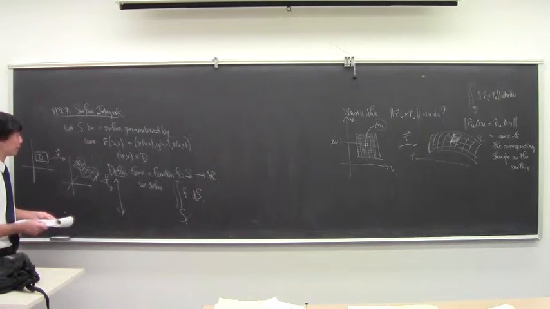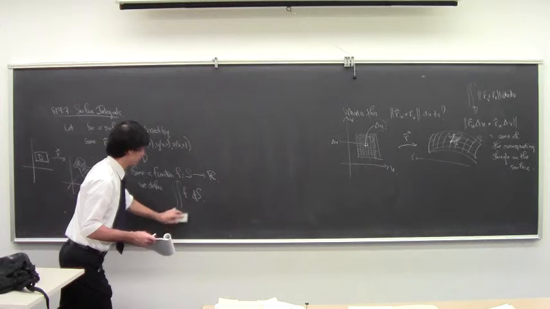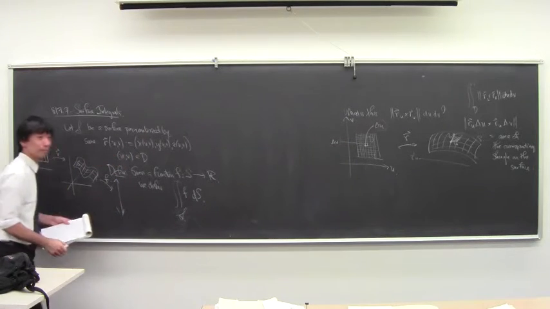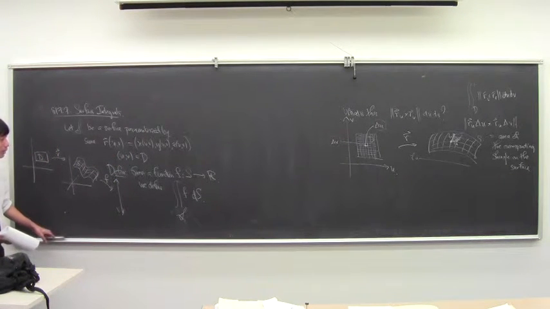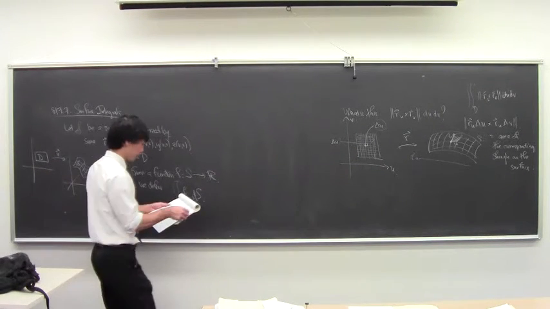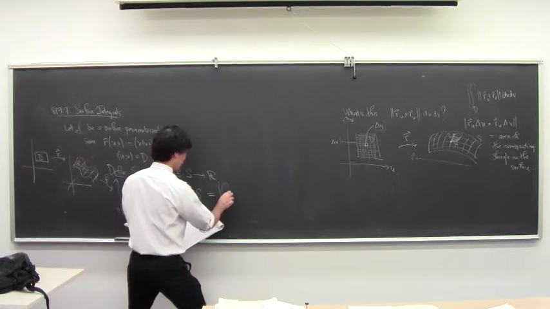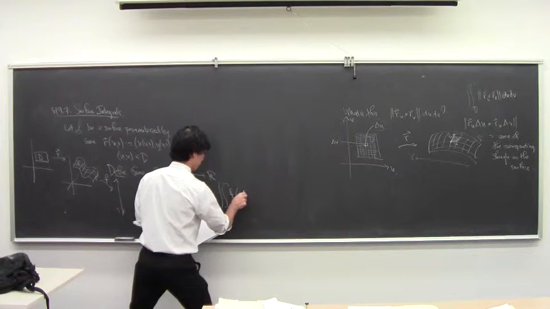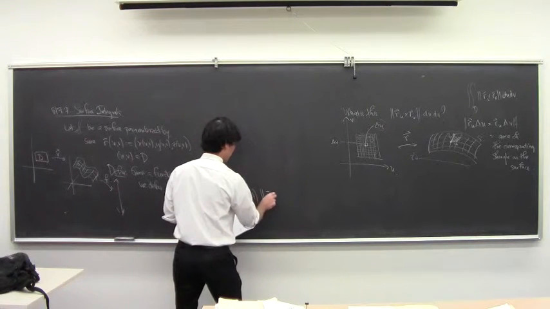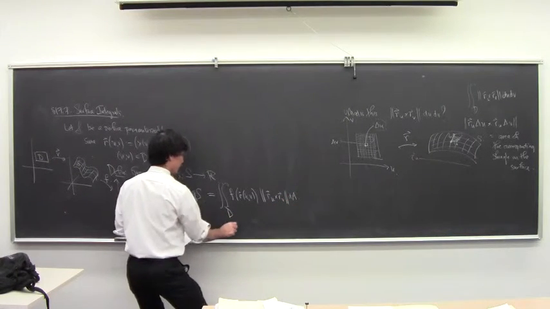Why should I use S in two meanings? Let me call this thing something else. Otherwise, it's very bad notation. We'll define this as the integral over D of f evaluated at R(u,v) times the magnitude of R_U cross R_V dA.